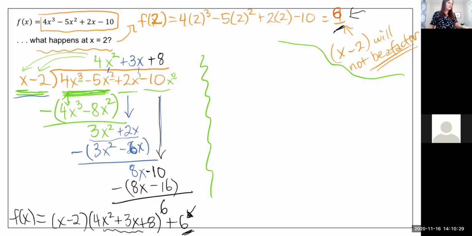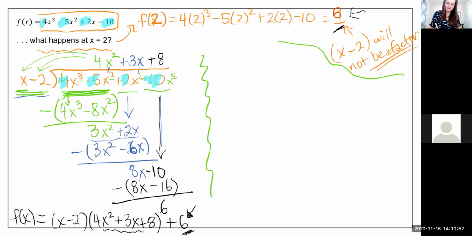What we're going to do is take the leading coefficients of our polynomial, and you again have to make sure you have all the components. So the cube, the square, the power of 1, the power of 0. If one of those is missing, it's a 0.